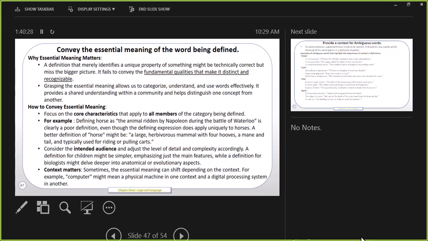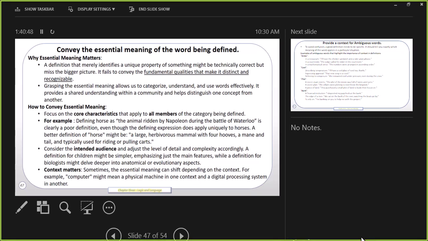The weakness is what? It may tend to fail to convey the essential meaning of the word being defined. Fundamental qualities that make it distinct or recognizable may not be clearly conveyed by definition by genus and difference, right?